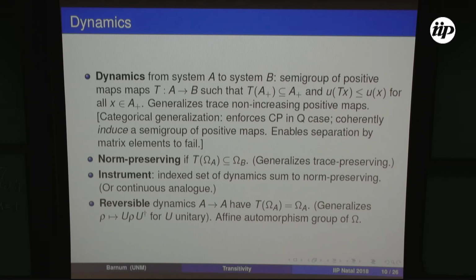Okay, dynamics. You might want a semigroup of positive maps, say from one system to another. It should take the positive cone into the positive cone.